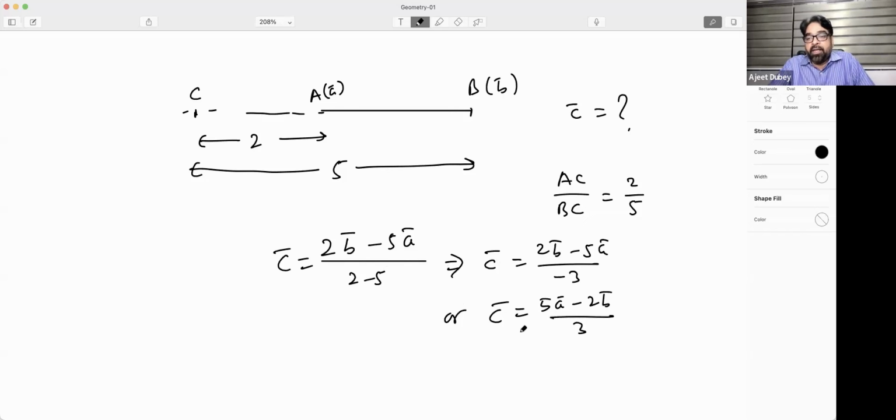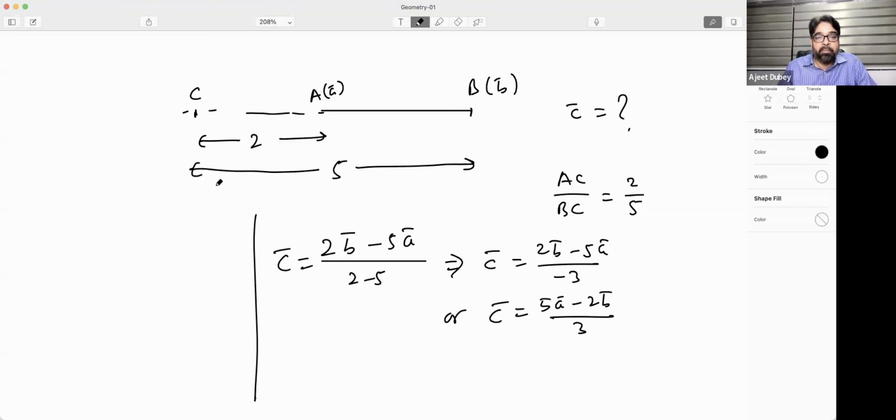Is this clear to everybody? Yes, sir. Is it minus 5A vector, sir? I didn't understand that. This 5, you will multiply with whom? Look at the picture. 5 is attached with which 2 points?